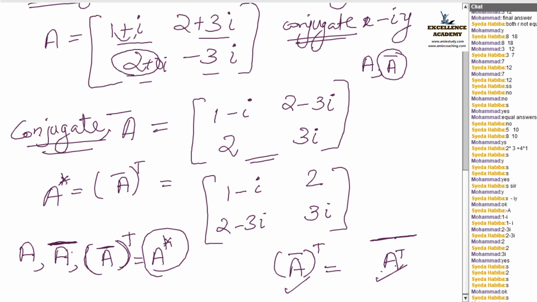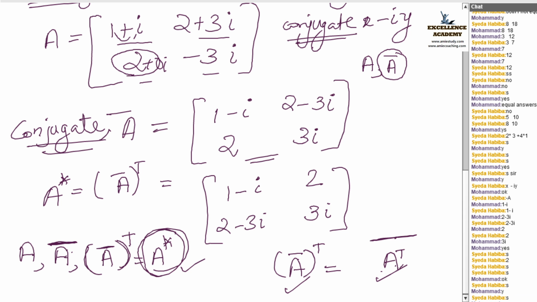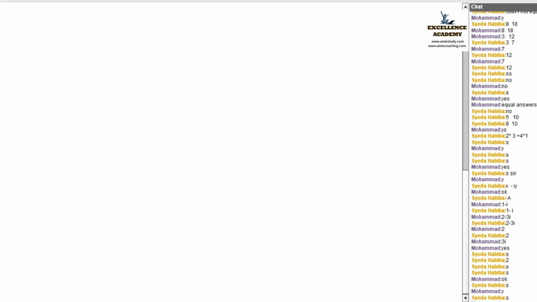Yes. Now we are going to define two new matrices based on this concept. Is this clear? Conjugate matrix and A star. Then you can easily define what is meant by Hermitian and skew Hermitian matrix.